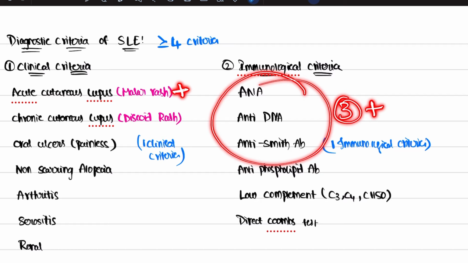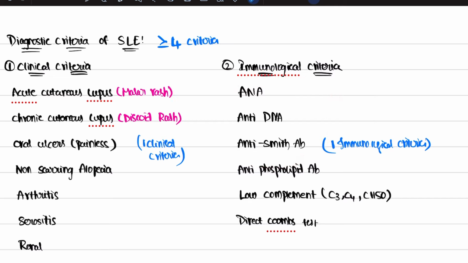So the 4 diagnostic criteria are most important, and at least 4 factors should be present. At least one factor should be present from clinical and at least one from immunological. In total 4 should be present from both, like 3 from one and 1 from the other, depending on the patient, and that's how the criteria apply to SLE.